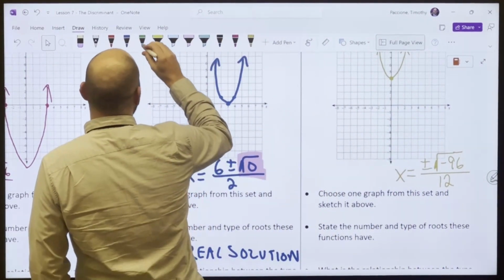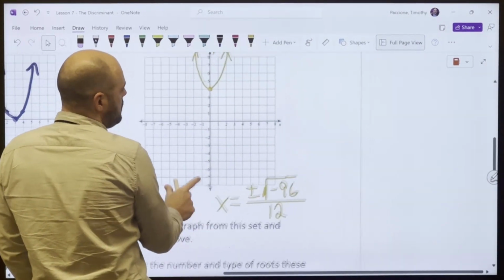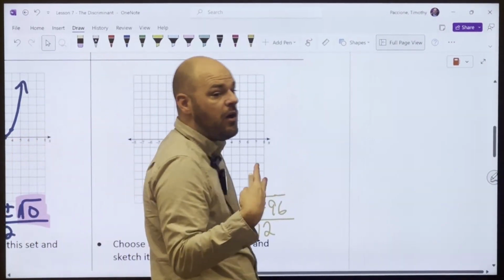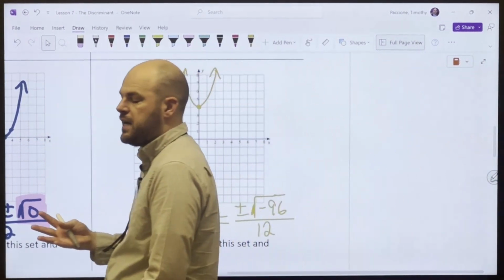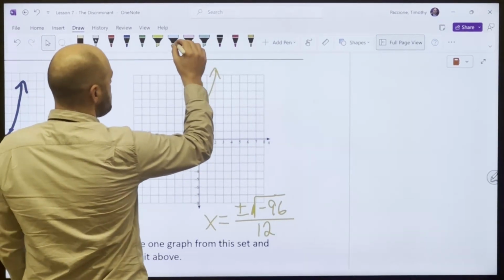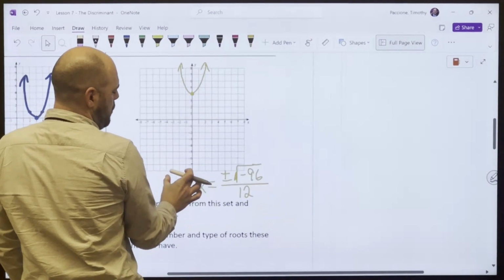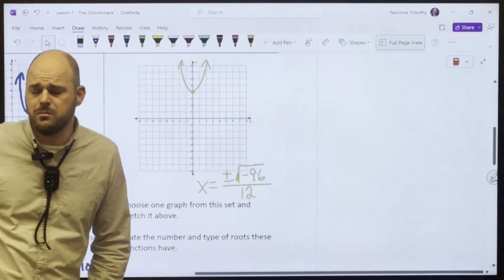Let's go to yellow next. All right, so yellow, right? What are the two things along the same lines that they all had in common? All of the equations had this in common. All of the graphs had this in common. They didn't have any x-intercepts. So what do we know about the roots when there's no x-intercepts?